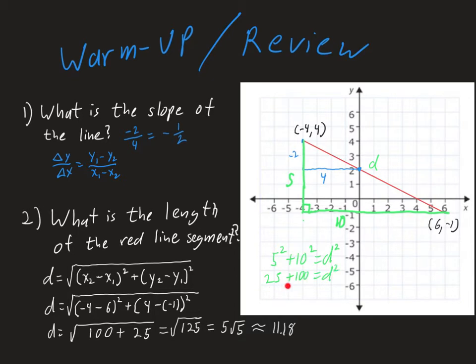And then we simplify that. The left-hand side equals 125. So take the square root of both sides. That would make d equal to the square root of 125, which is the same thing as 5 root 5. So you can use either method. Sometimes this one here is easier when it's plotted for you. And often this one here might be easier if you're only given the coordinates.